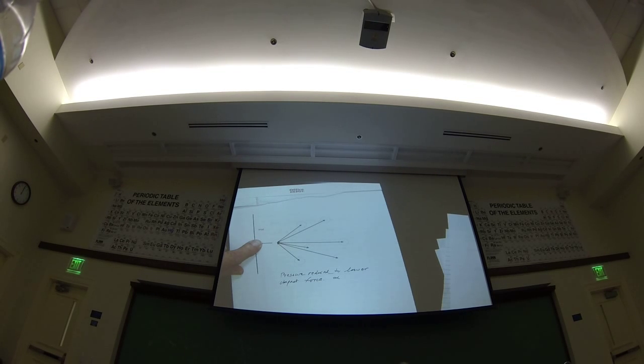But there is a force, so there's a weakening, and I just want to be able to say it depends on some variable. And I think if you look at this carefully enough, suppose I took half of these away, then would that force go up or down? It would go down. It doesn't go up. So can't you see it is proportional to the number density, N over V?